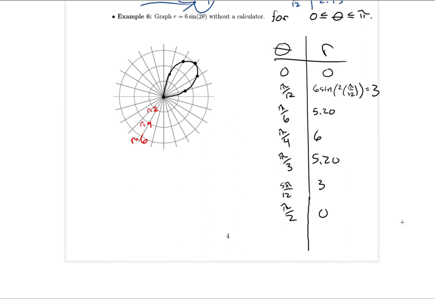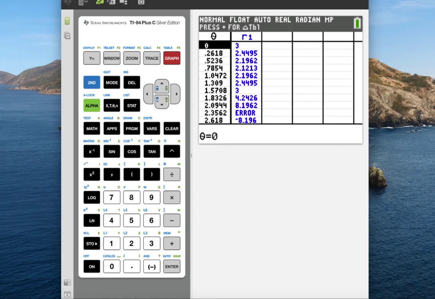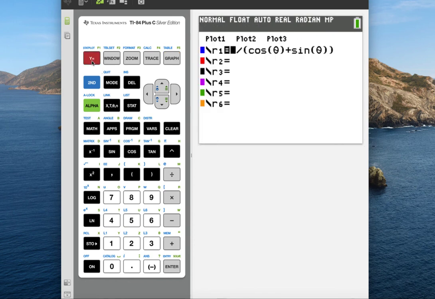All right, so let me just show you the pitfall that you can fall into if you rely on your calculator too much. Okay, so we've only gone 0 to pi over 2. And you see that I want to go from 0 to pi, okay? And so maybe then you take a peek at your calculator, and in your calculator, you go ahead and type in the formula, 6 sine of 2 theta.